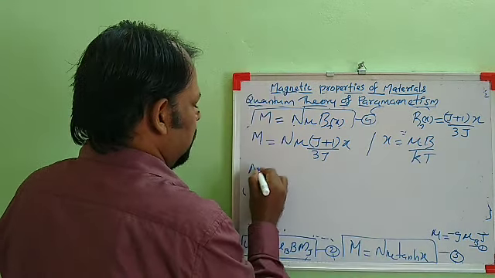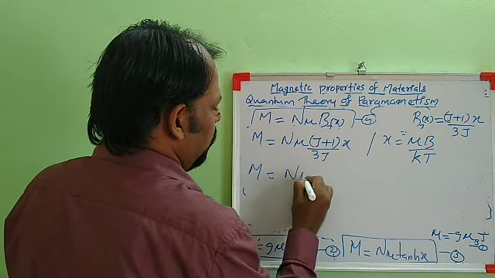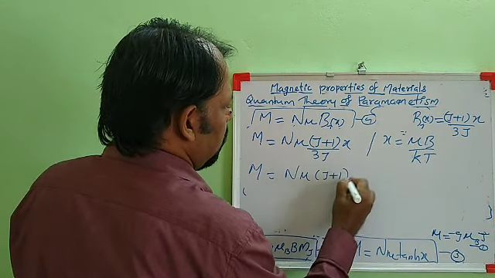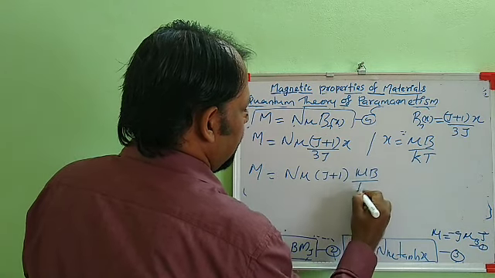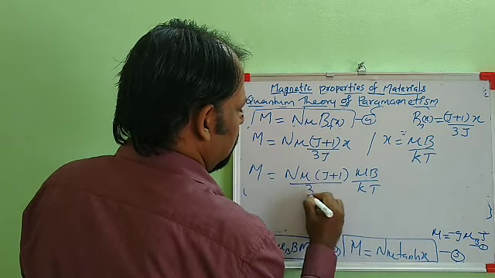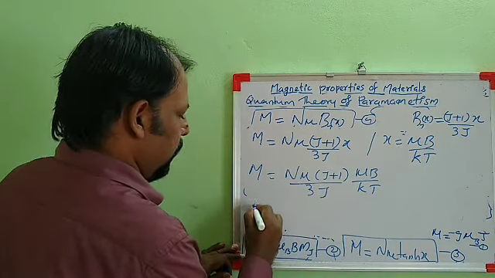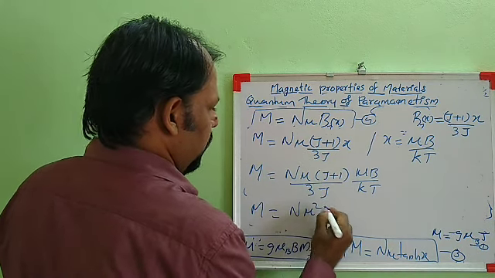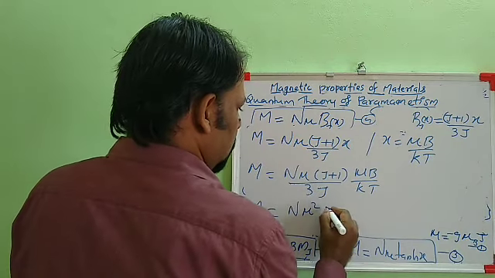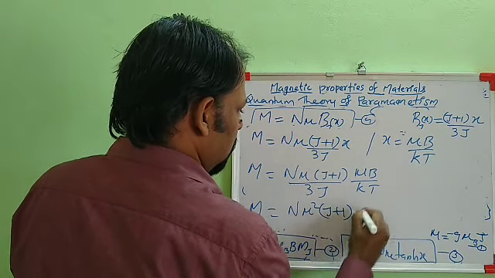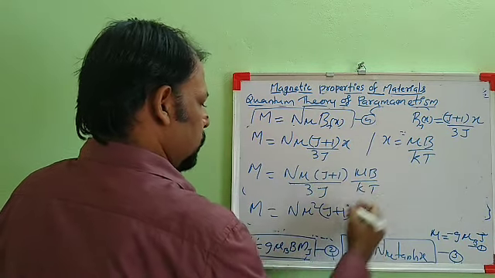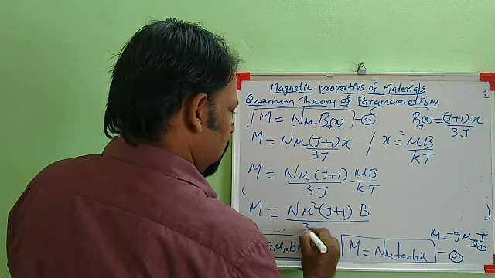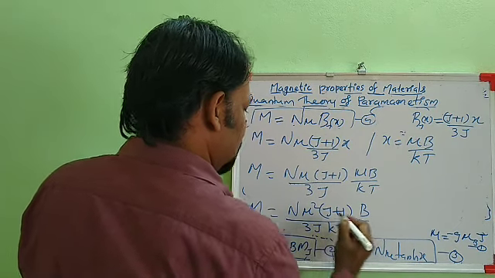So this we can write it as M equal to n mu (j+1) mu B by kT by 3j, or M equal to n mu square (j+1) B by 3j kT.